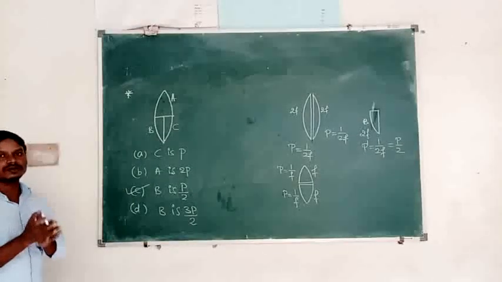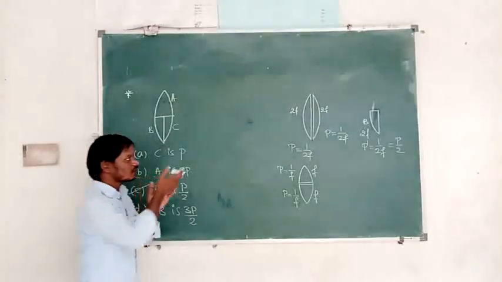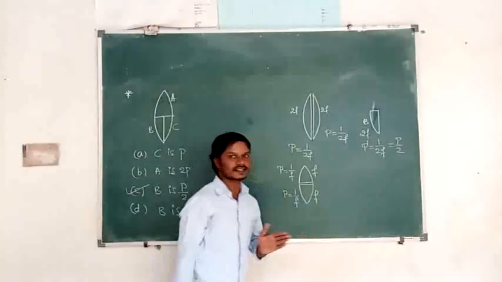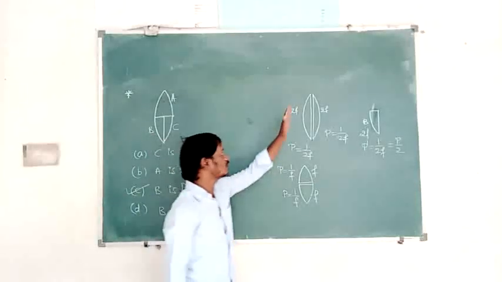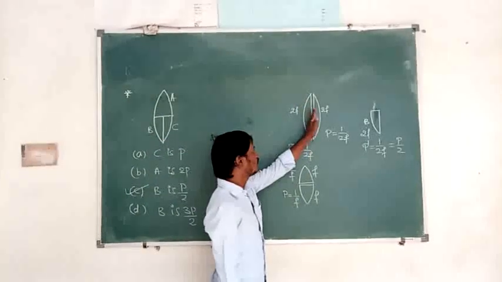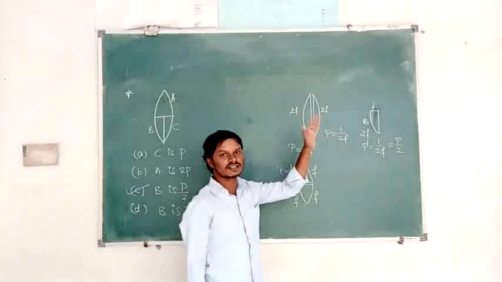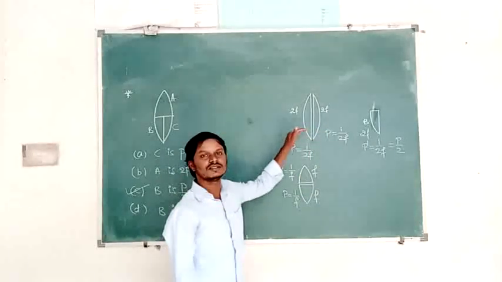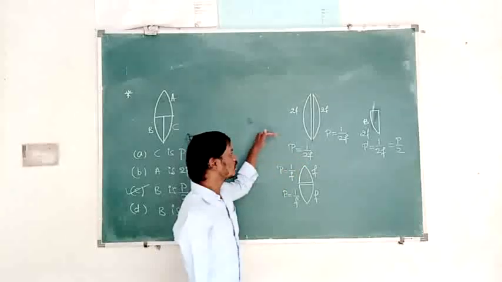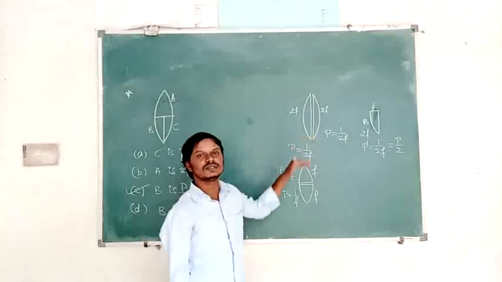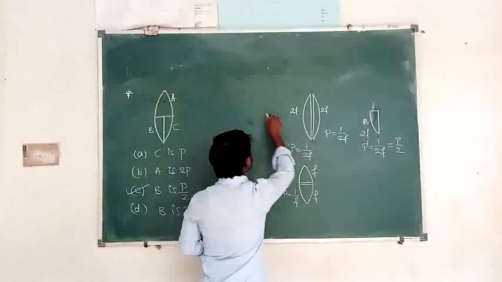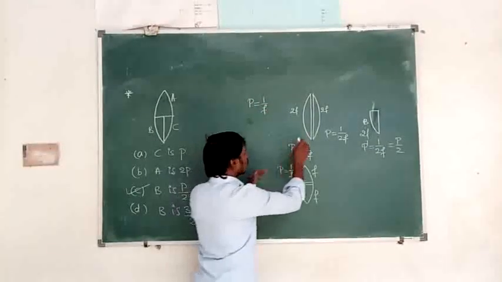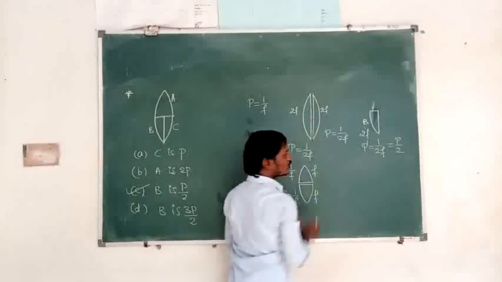So you have to know whenever the lens is cut along the principal section and whenever it is cut along the principal axis. If the lens is cut along the principal section, the focal length of each plano-convex lens becomes 2f, which means power is 1 by 2f. Before cutting, its power is P = 1 by f, because its focal length is f.